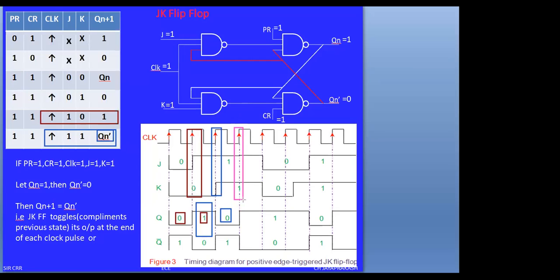We did not modify J and K, we kept the same value. But the clock pulse is modified. The clock pulse has triggered again. That is, from the third clock pulse the fourth clock pulse has come. Since it is the same, what should we do now? Now at this interval of time the flip-flop will assume that J is getting 1 and K is getting 1. Therefore again this value is modified and the output response will be equal to 1. That is, the response is modified to 1.